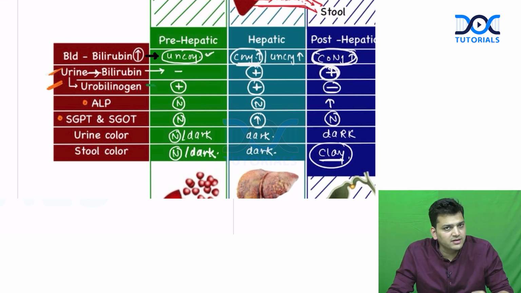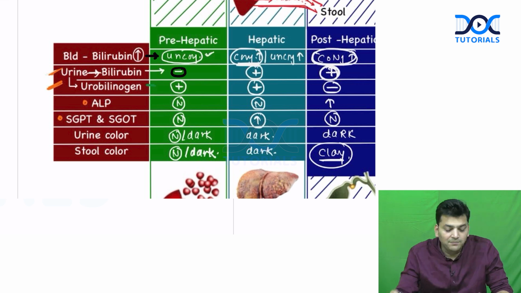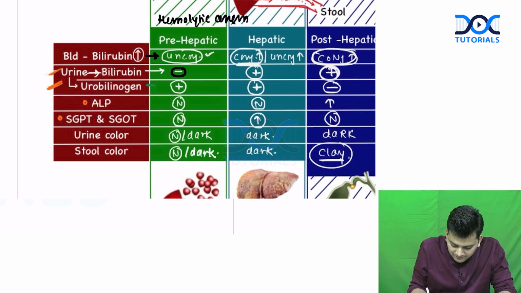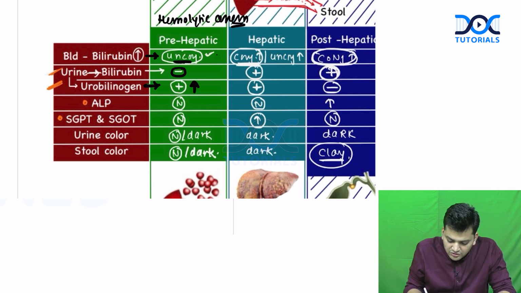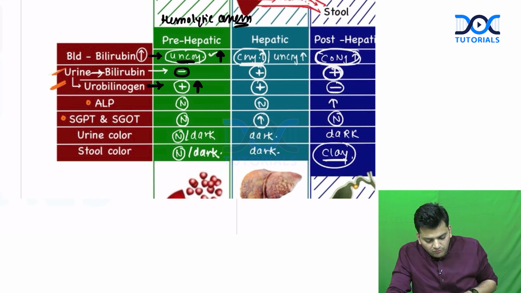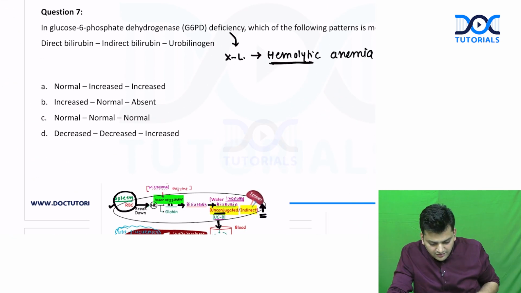The water-soluble things can come in the urine, but not the water-insoluble things. So unconjugated bilirubin cannot come in the urine. So in a patient of hemolytic anemia, which is a type of prehepatic jaundice, the urine urobilinogen is going to be increased, and the unconjugated bilirubin, meaning the indirect bilirubin, is going to increase. So here they have asked what is going to happen with this sequence.